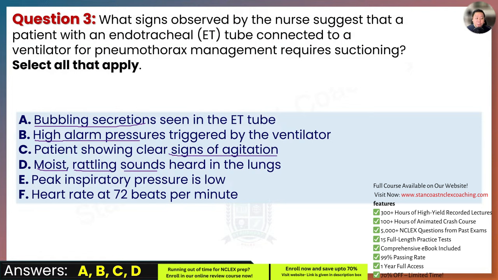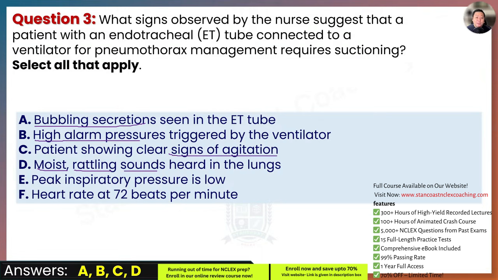And the low peak inspiratory pressure in this option basically suggests a leak in the system, or maybe a loose connection or deflated cuff. So this isn't a problem that suctioning would fix. So we are eliminating letter E.